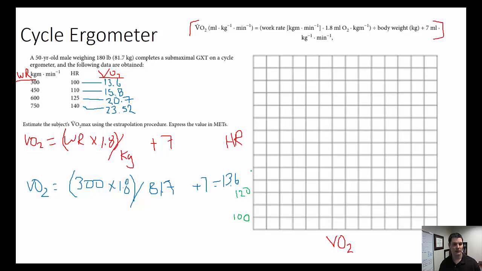So 120, 140, 160, 180, 200. All right. And then on our VO2, you can see again we're going to go from a range of 13 to 23. We probably need to, just to be safe, go up to 40.